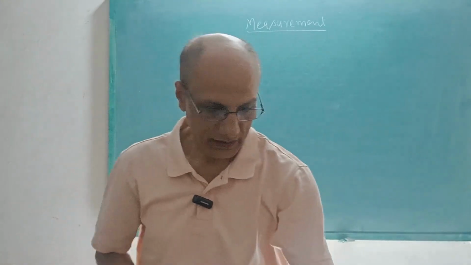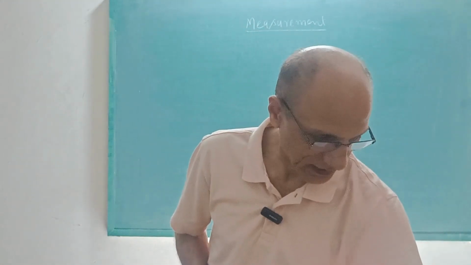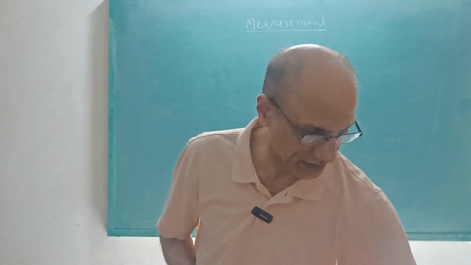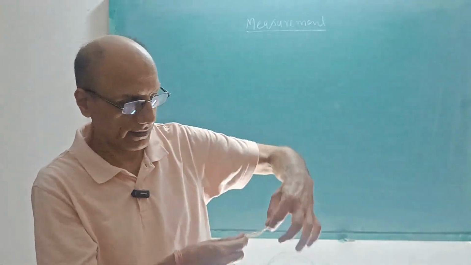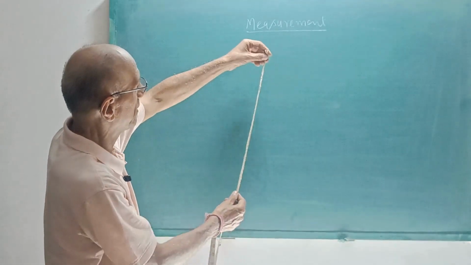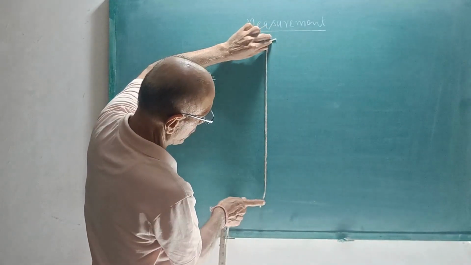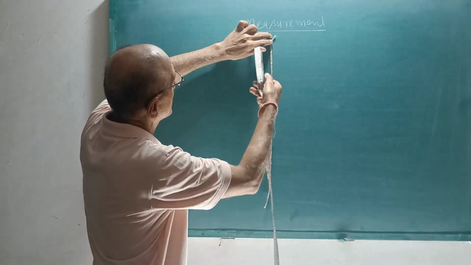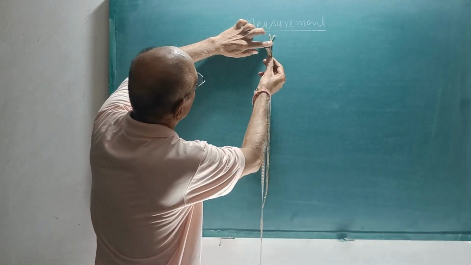So this one was longer than this. Now we can take these three strings, or let us see these two. This one is longer. So how long is this? Just try to find out.